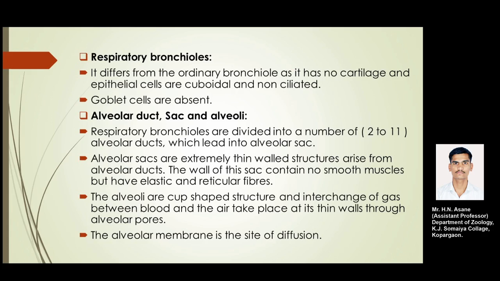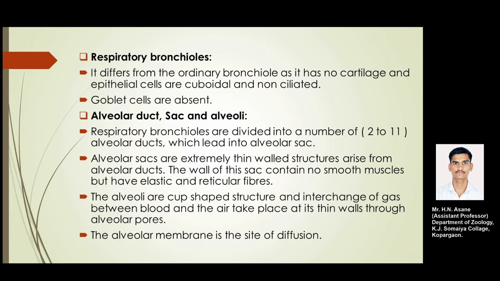In the trachea, by contrast, ciliated and goblet cells are present. The respiratory bronchioles are divided into a number of alveolar ducts, which lead into the alveolar sac.